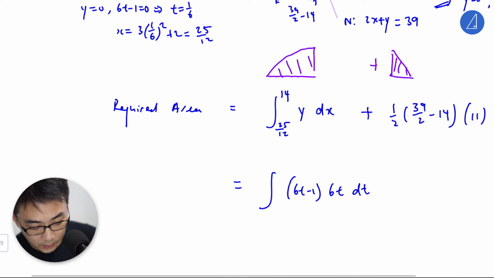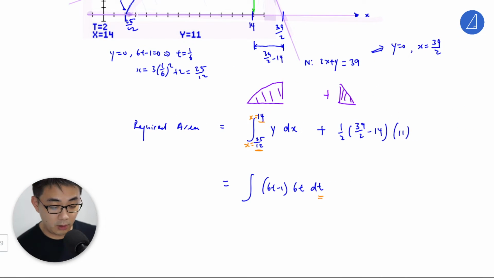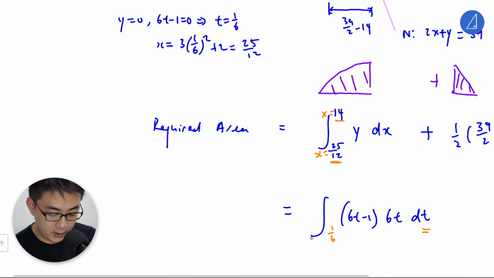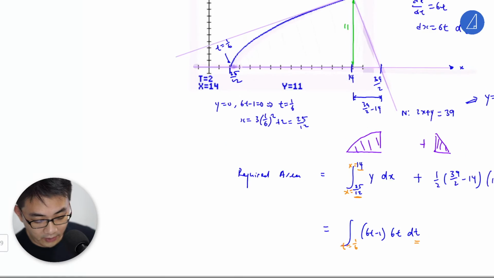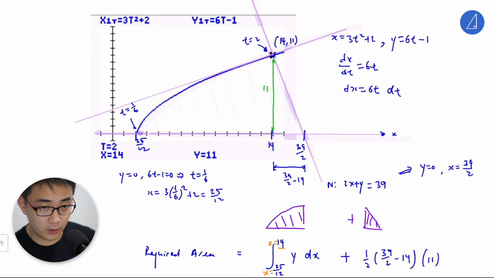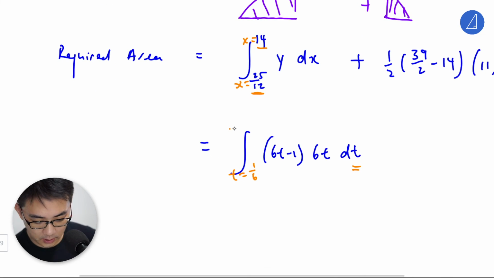Right? Now, take note, this is where a lot of students get confused. This is x equals 14. When you change to dt, just remember to change the boundary. I can foresee that a lot of students forget to write the corresponding t here. When x is 25 over 12, the parameter is 1 over 6. And when x is 14, the parameter is 2. So this is t equals 2 here.